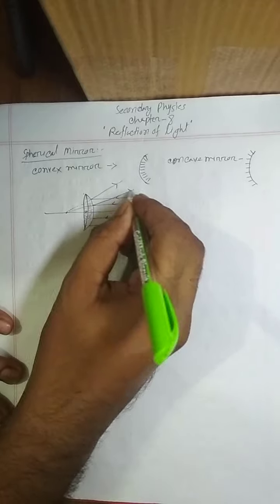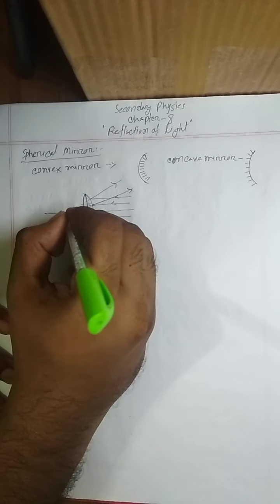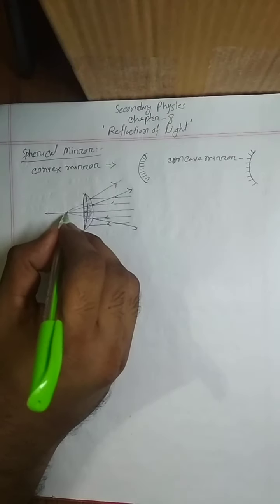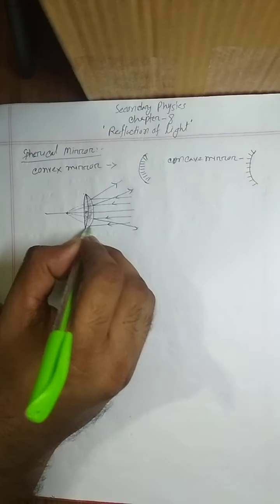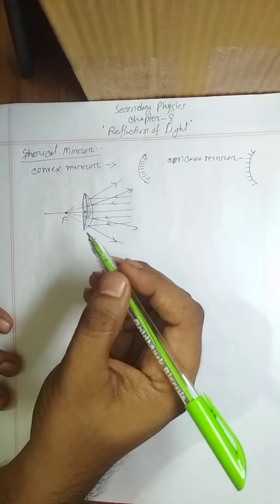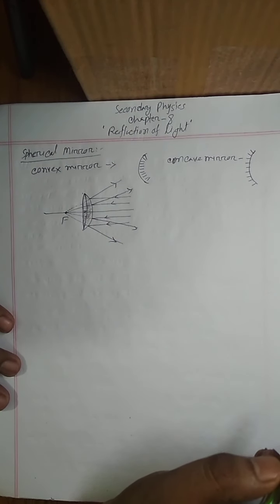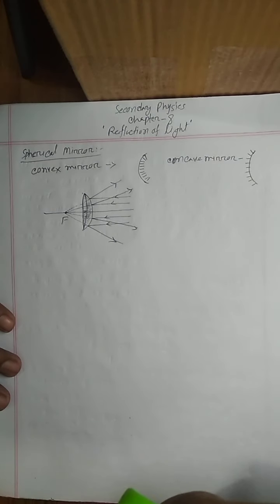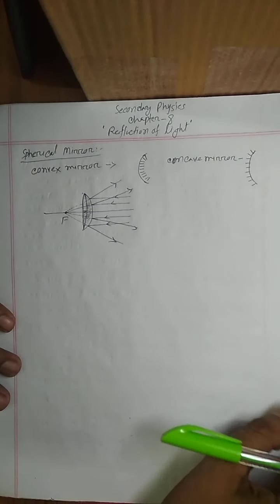This is called diverging rays. It's for a convex mirror. A convex mirror creates diverging rays. Okay.